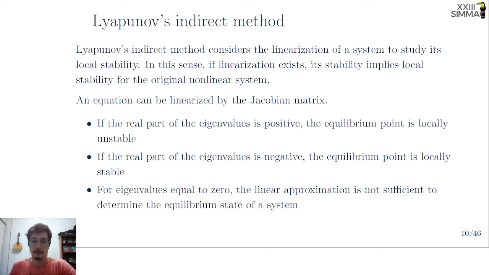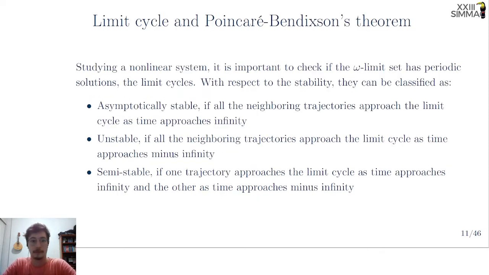If the real part of the eigenvalues of this Jacobian matrix is positive, the equilibrium point is locally unstable. If the real part of the eigenvalues is negative, the equilibrium point is locally stable, and for eigenvalues equal to 0, the linear approximation is not sufficient to determine the equilibrium state of a system, but this case does not occur studying the van der Pol equation.